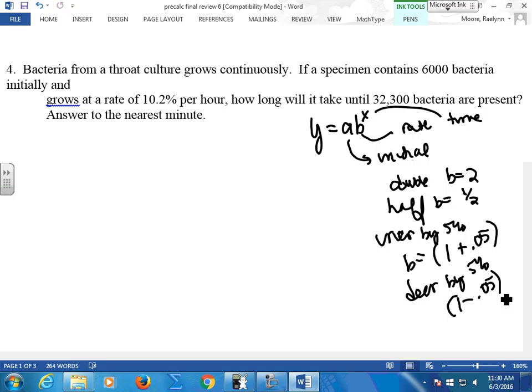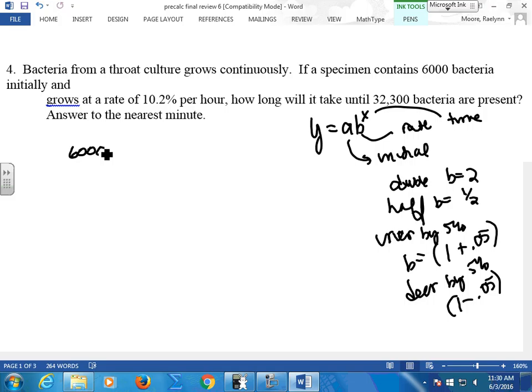So if you have bacteria, and initially you have 6,000, and you grow at a rate of 10.2 per hour, so you're working this by hours. Okay, so just be careful of this. Is this continuously? Yeah. Okay.